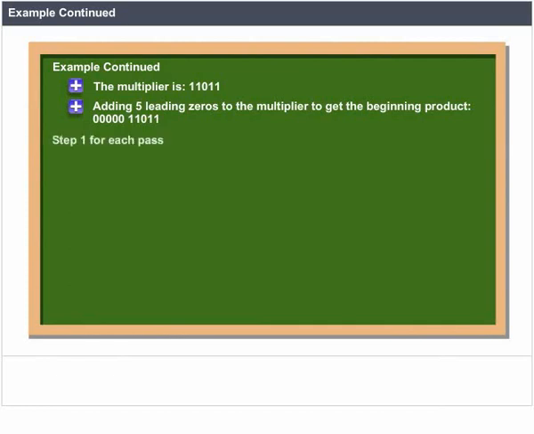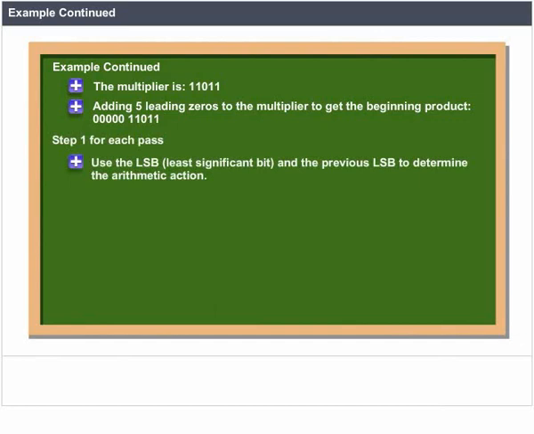00000 11011. Step 1 for each pass. Use the LSB, least significant bit, and the previous LSB to determine the arithmetic action. If it is the first pass, use 0 as the previous LSB.